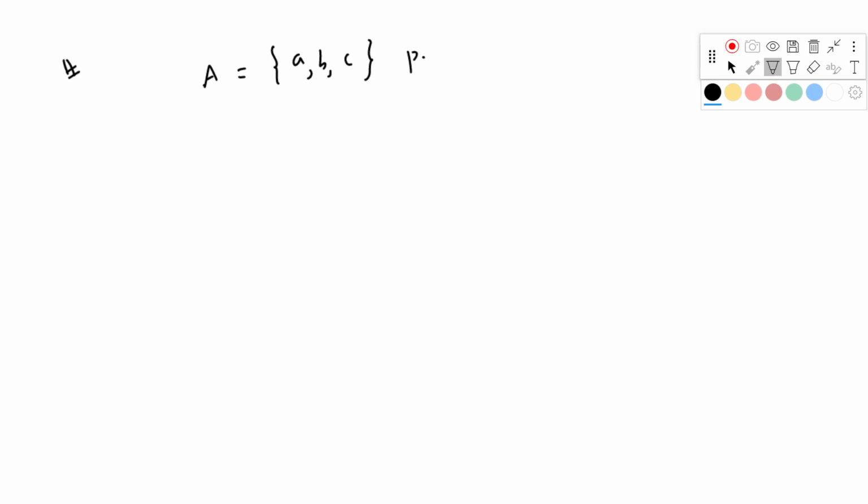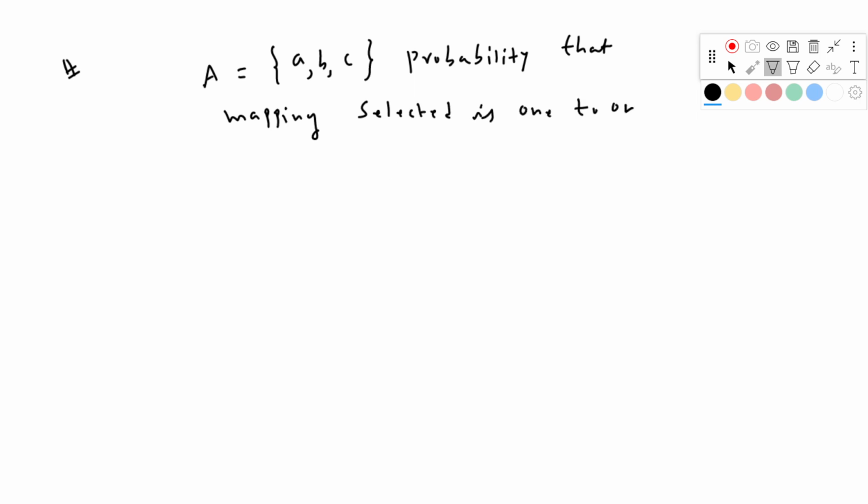So the question is: what is the probability that the mapping selected is 1 to 1? What is the probability for 1 to 1 mapping?